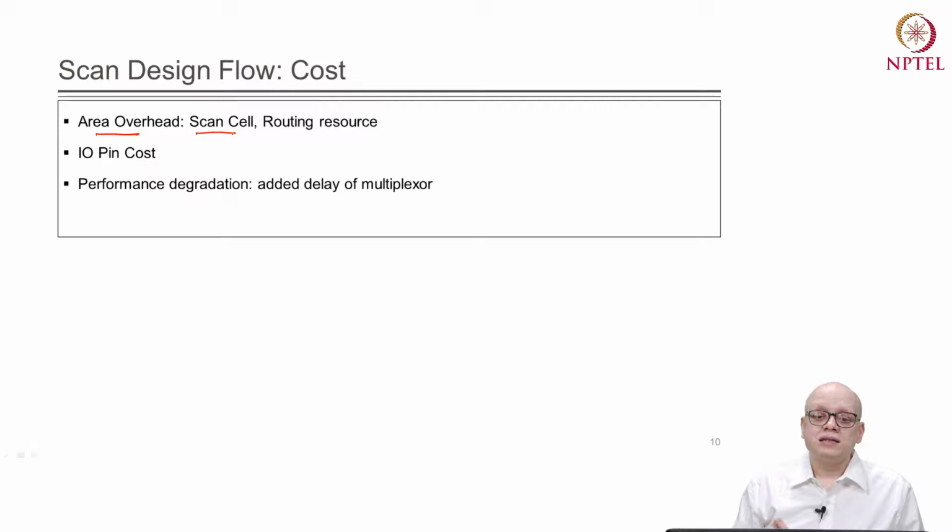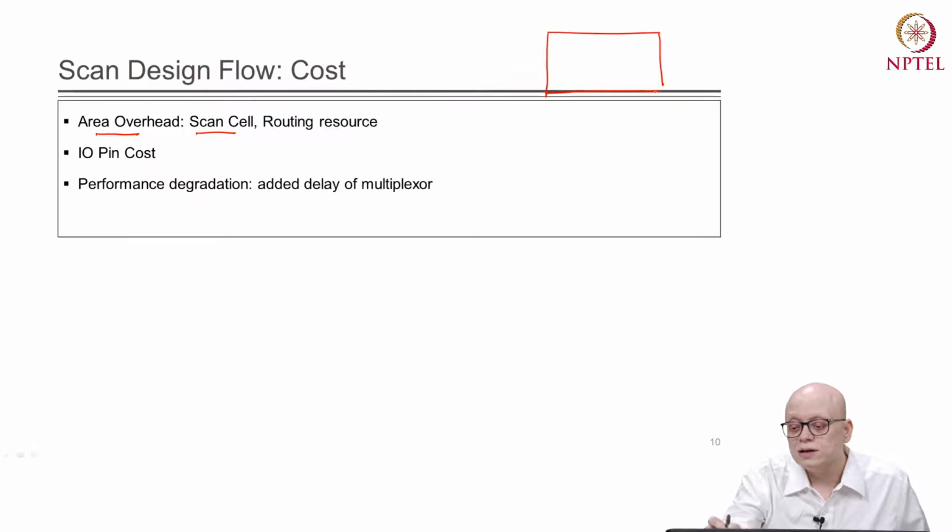And then there can be degradation in timing in scan design flow. Why can there be degradation in timing? It can happen because there is an extra multiplexer within the scan cell, right. So, if we see the scan cell, there is an extra multiplexer, and the output of the multiplexer goes to the D pin of the internal flip flop, right.